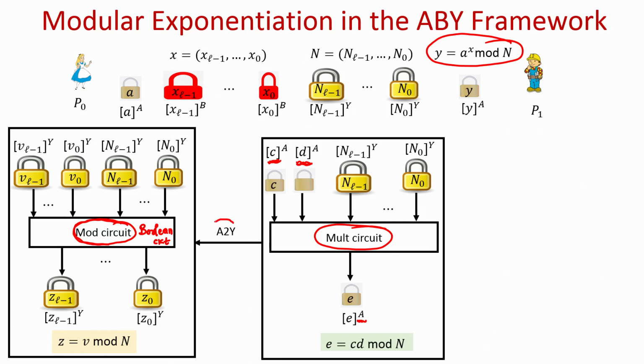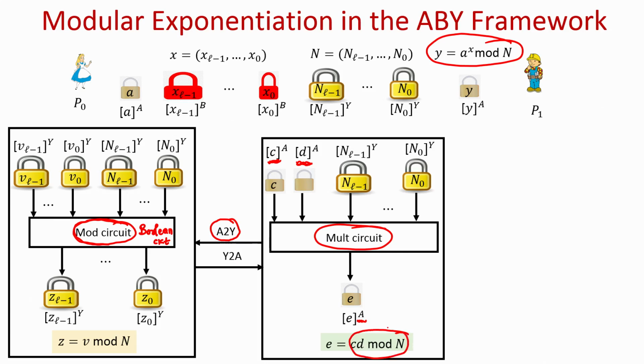That arithmetic representation has to be converted into Yau's representation, and then C times D will be reduced modulo n, and then we will come back to the arithmetic world by doing a Yau to arithmetic conversion, and that will give us the value C times D modulo n.